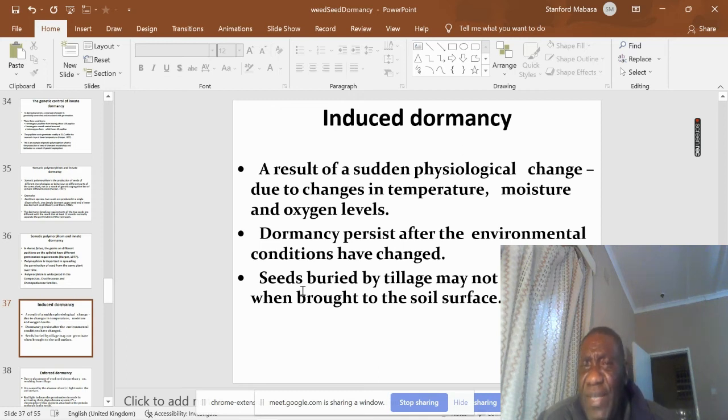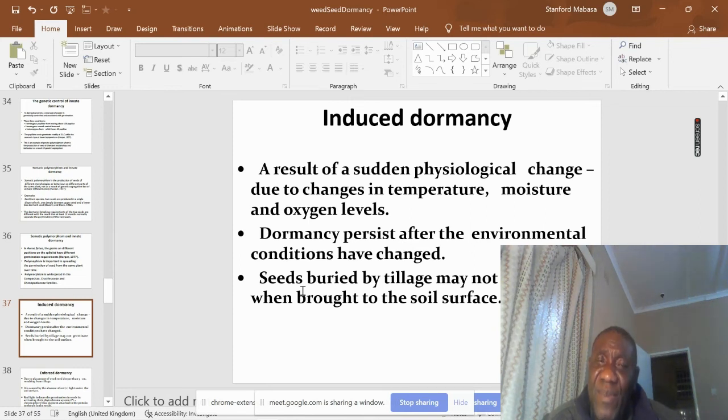Now, what may happen is that if the conditions for germination are not optimum, the seed may not germinate, but something can happen inside the seed that keeps the memory of the outside conditions.